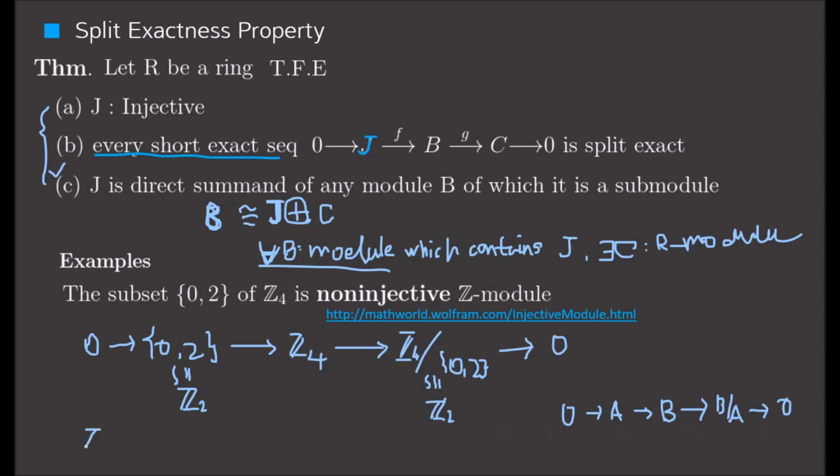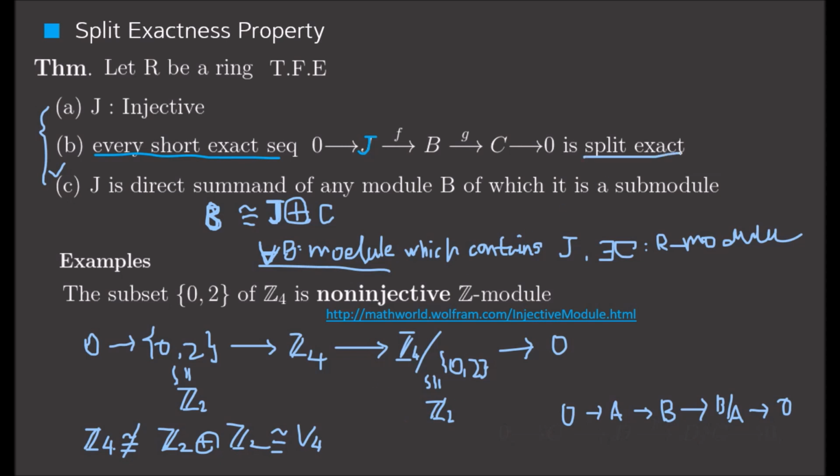But unfortunately, G4 is not isomorphic to G2 direct sum G2. This is clear. This is isomorphic to the Klein group. Every group of order 4 is classified as the Klein 4 group or the G4 group, but the Klein group is isomorphic to G2 direct sum G2, not isomorphic to G4.